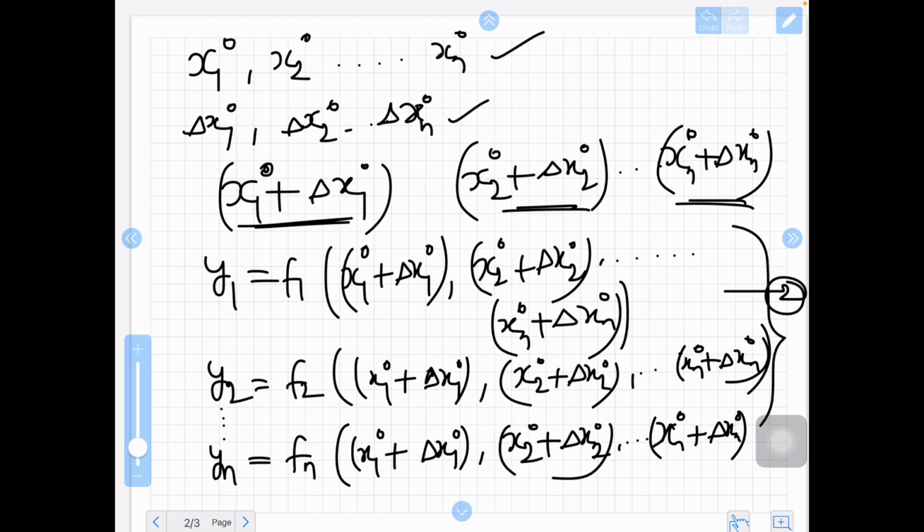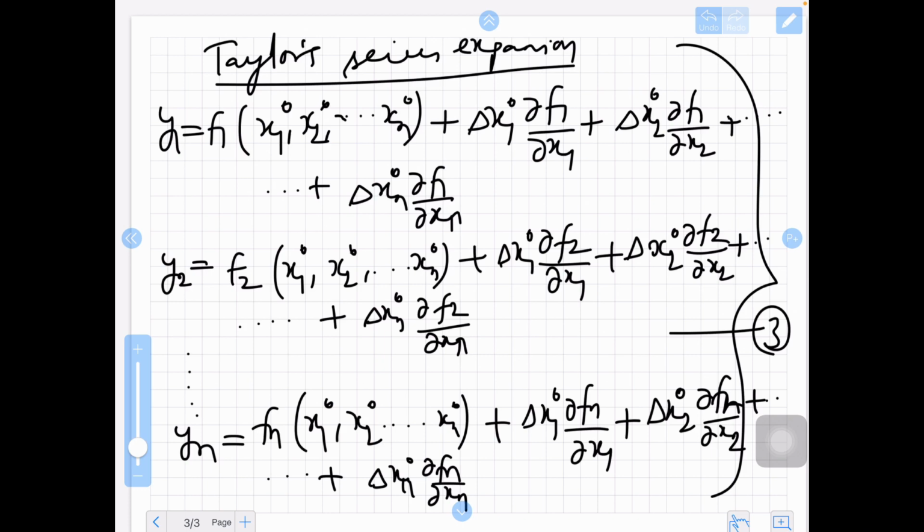So equation 2 you got. By Taylor series expansion we considered only the first order derivatives. We have not considered the second and higher order terms. So by applying the Taylor series expansion we got the modified equation of 2, that is equation 3.